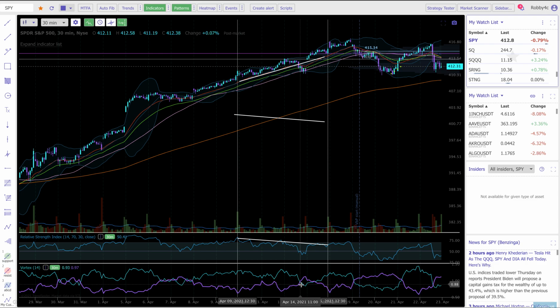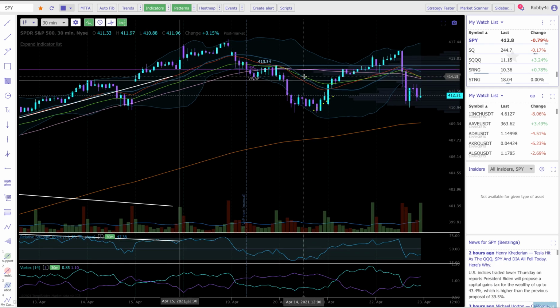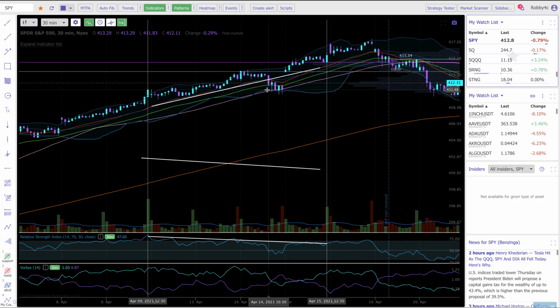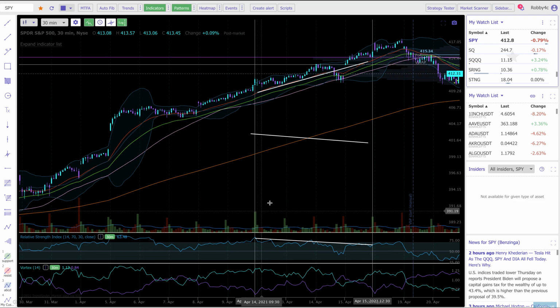So it gave a sell signal down here and then a buy signal in here. So the RSI and the vortex, using those together really can help out spot weakness in trend or a change in direction kind of upcoming. So these are definitely the two indicators that I use most for trend reversals. But that would be bearish and bullish divergence.